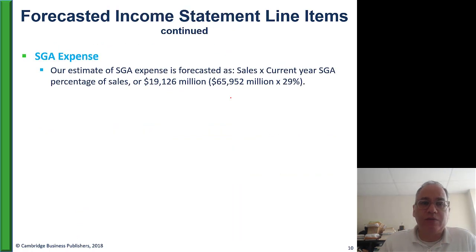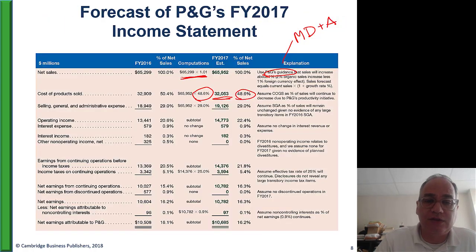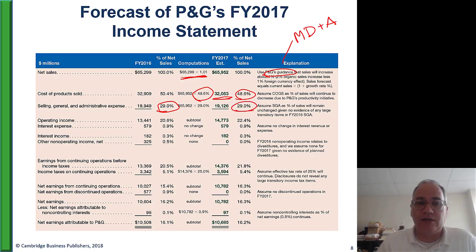Another thing that we have is selling, general, and administrative expenses. And all they're doing is they're assuming that it's going to continue as 29% of sales. So here you can see last year is 29% of sales, and this year it's also 29% of sales.